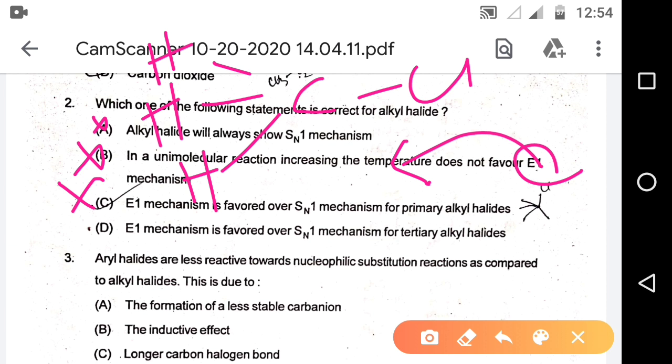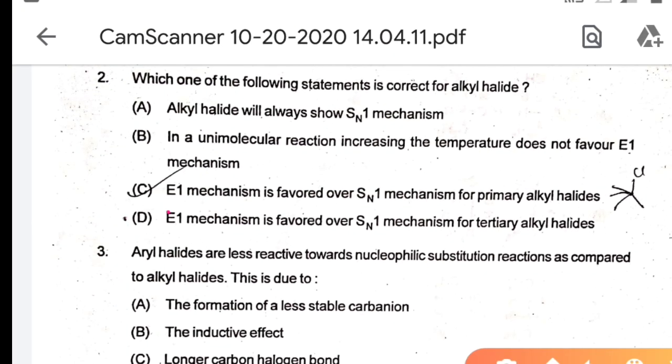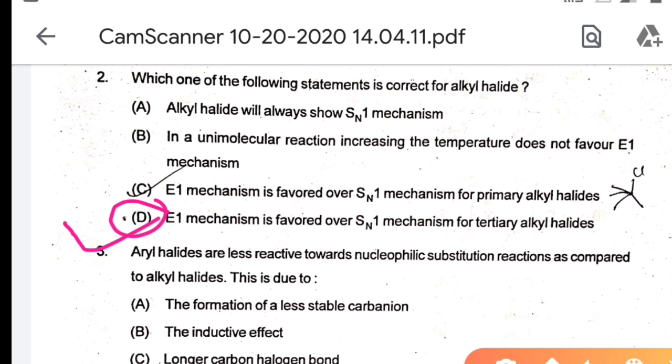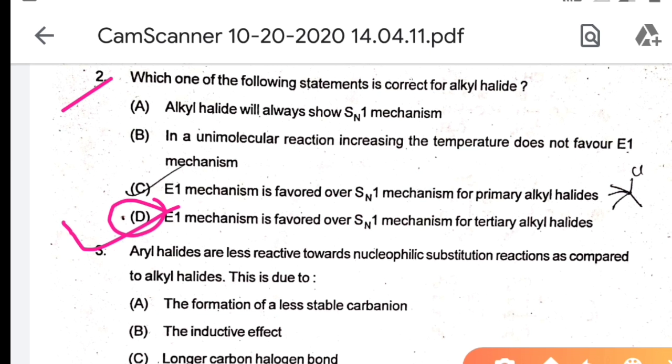So SN1 mechanism will be favored over E1 mechanism. So this statement is also wrong. So we are left with one option, that is option D, which is the correct answer for this particular question, that is E1 mechanism is favored over SN1 mechanism for tertiary alkyl halides.